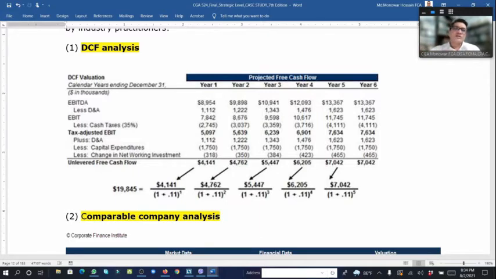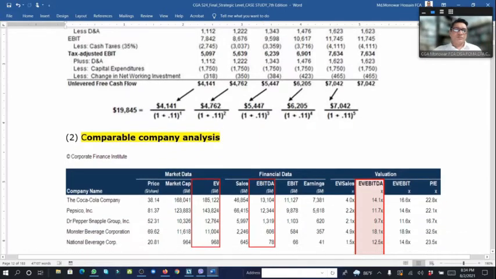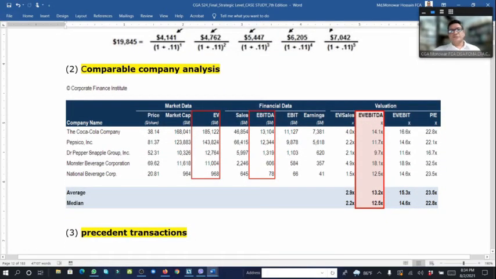So here we have seen discounted cash flow valuation. It is also one of the items. Earnings before interest and tax is one of the calculations, for example.